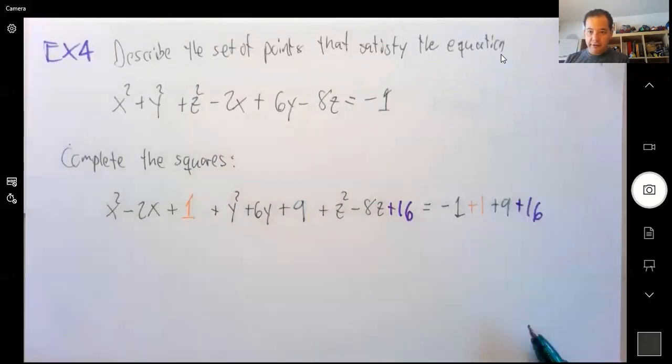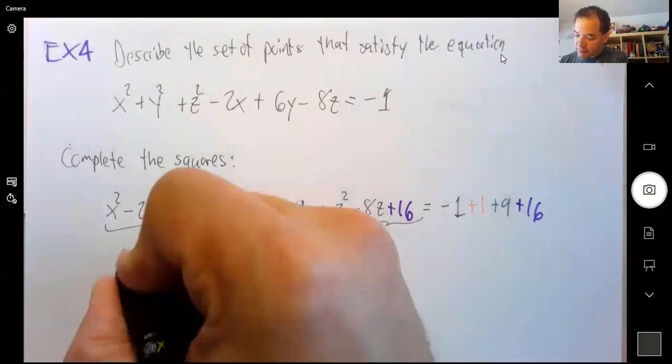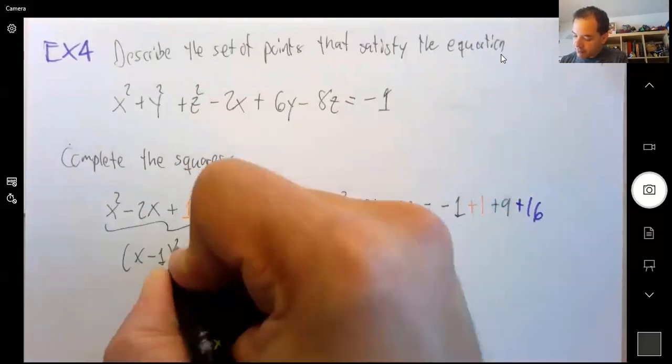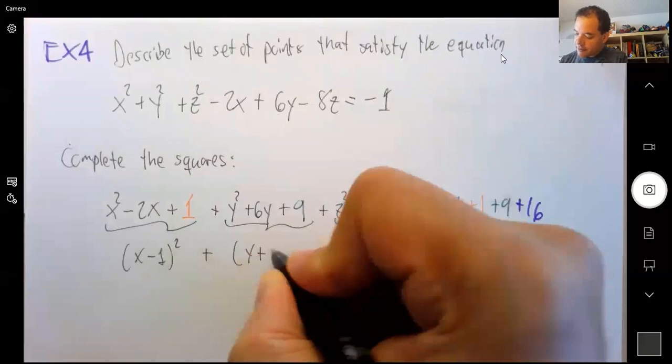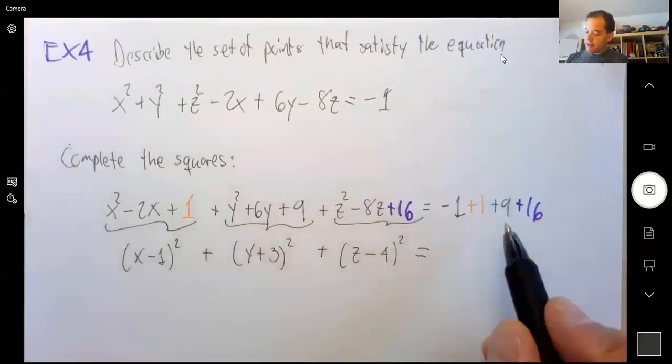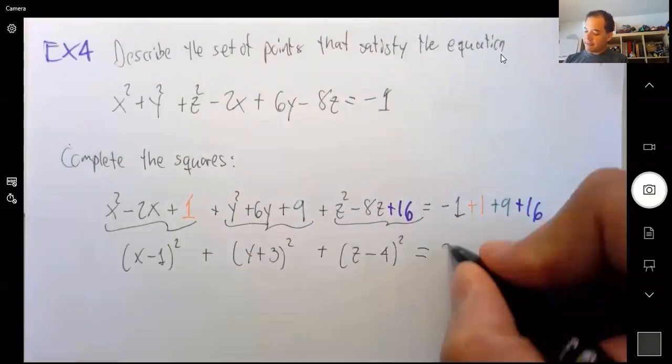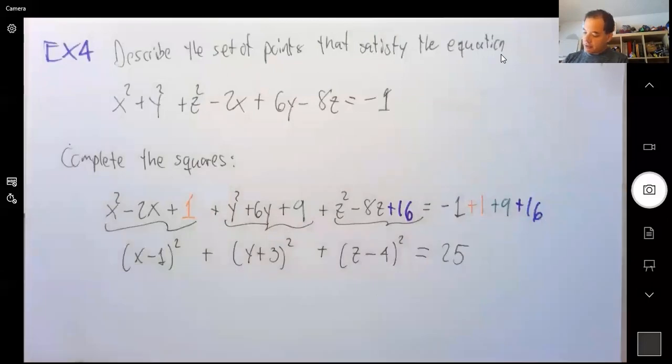Is that clear? It's just completing the square. I'm not doing anything calculus related here. And then you just put these guys together. So this is x minus 1 squared plus y plus 3 squared plus z minus 4 squared equals, what is this? The ones go away, 16 plus 9, that's 25, which is 5 squared.